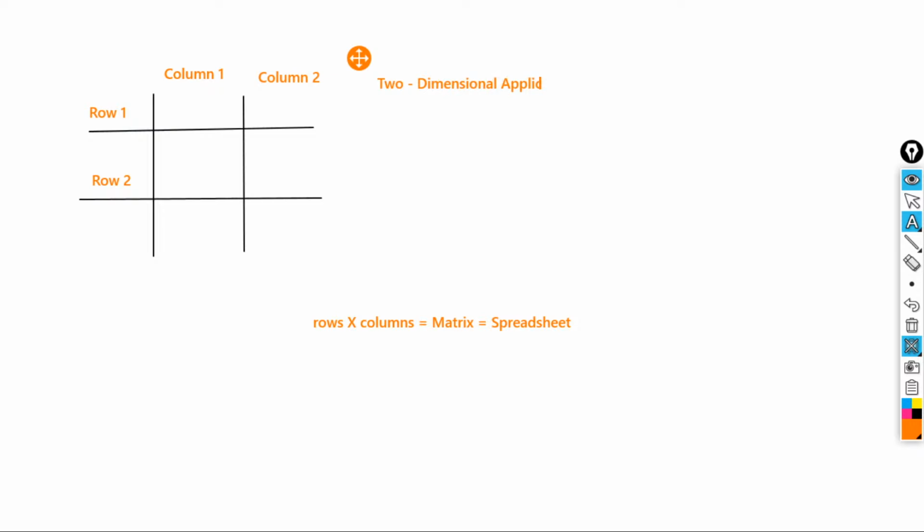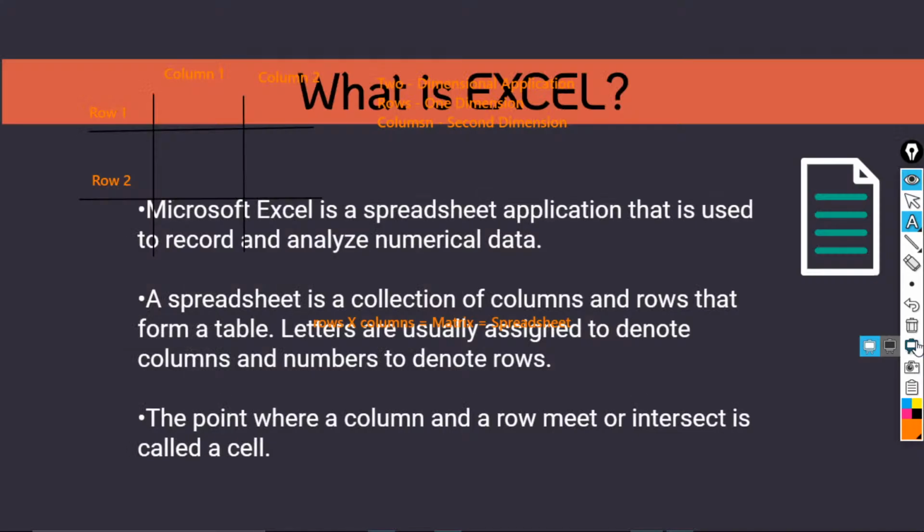Rows will be one dimension and columns will be another dimension. This is the idea behind a spreadsheet. Okay, let's minimize this and go back to the concept here.